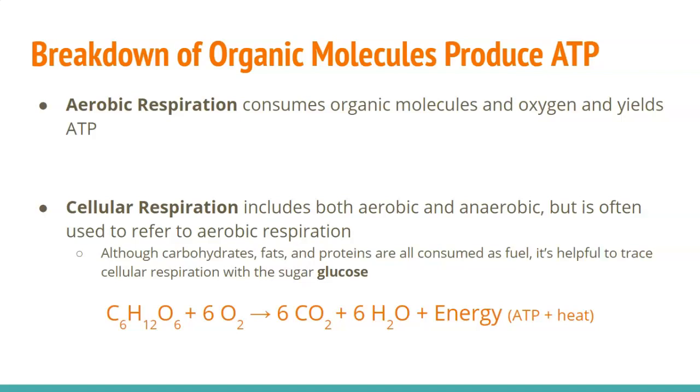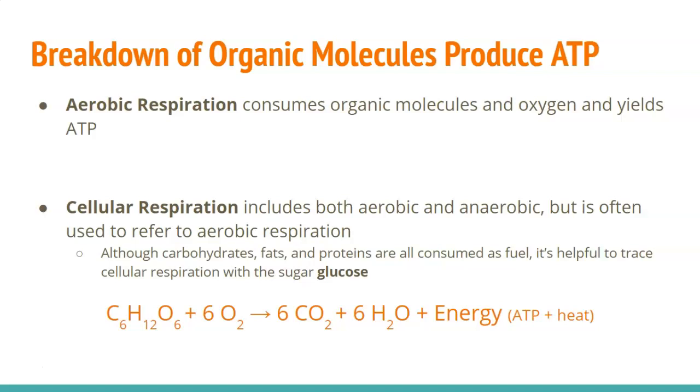While the broad definition of cellular respiration does include both aerobic and anaerobic, typically when you say cellular respiration, you're referring to aerobic respiration, aka with oxygen. So again, for the purposes of what we are talking about in the next couple of slides, cellular respiration is going to refer to aerobic respiration. Cellular respiration refers to respiration with oxygen.